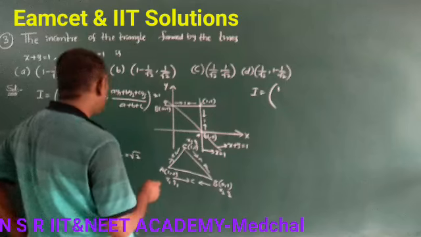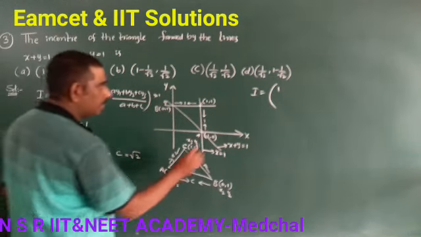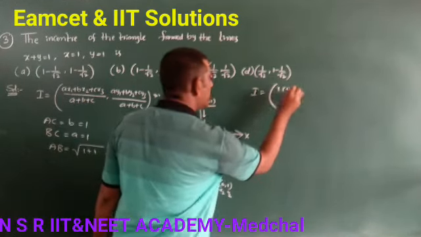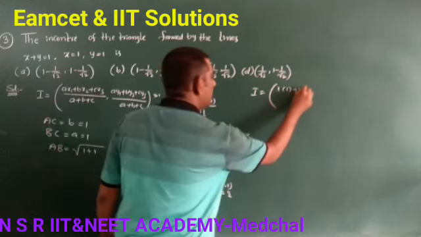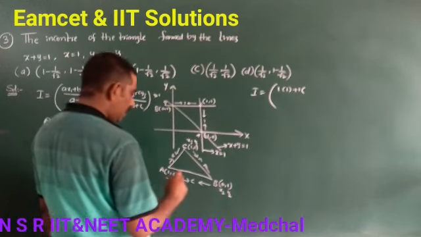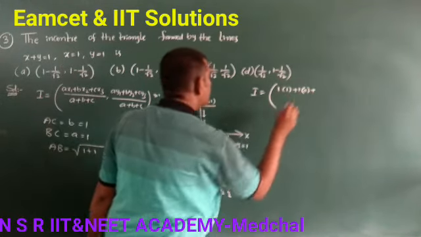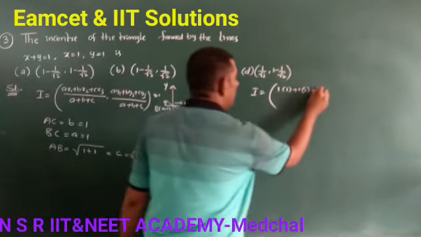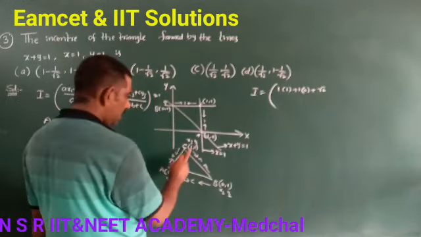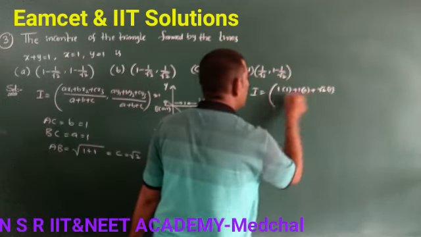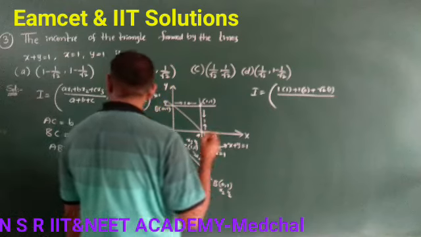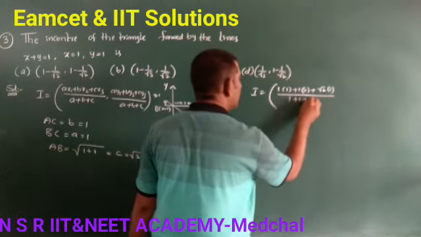Substitute A as 1, x1 value is also 1, so Ax1 plus B x2, x2 value is 0, next plus C into x3, x3 value is 1, over A plus B plus C, which is 1 plus 1 plus root 2.